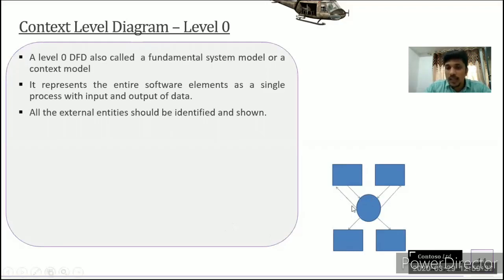These arrows are called data flows, which should be properly labeled. And before we discuss the rules, just think about a scenario.